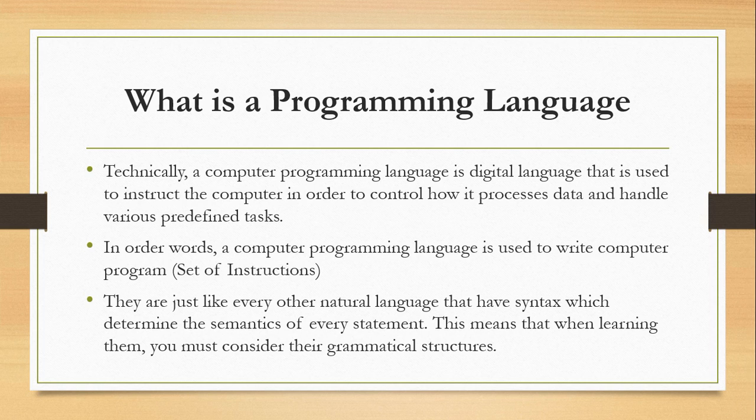Every language, according to the study of linguistics, has what they call syntax and semantics. It is the syntax in every case that determines the semantics. So this means when learning them, you must consider their grammatical structure. For instance, if I'm learning the English language, I'm going to learn how to write a sentence, know what a sentence is, what a word is, what an alphabet is, and what punctuation is.